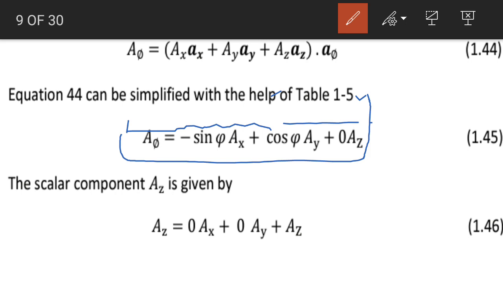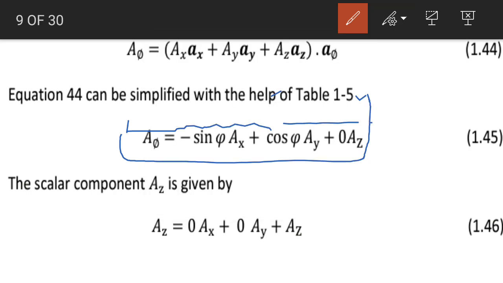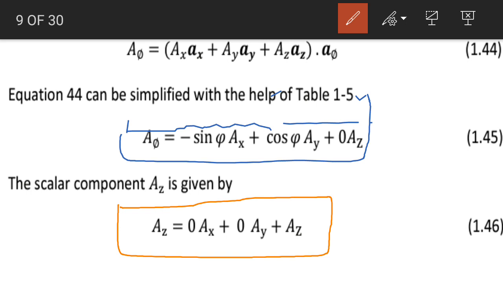A phi will be equal to minus sin phi Ax plus cos phi Ay plus 0 Az. And similarly, we can write down the equation for Az. We don't need to calculate Az because Az is already known. So Az will be equal to 0 Ax plus 0 Ay plus 1 Az.